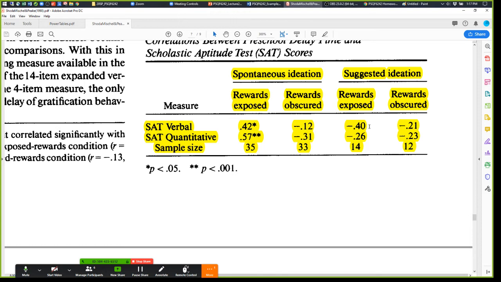Besides effect size, what else goes into significance? Sample size. There were only 14 people in this condition. You don't have enough power with 14 people to declare a correlation of 0.4 significant.